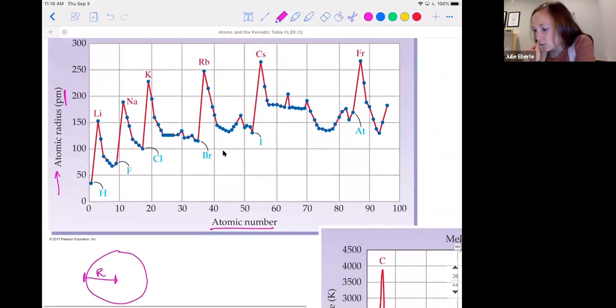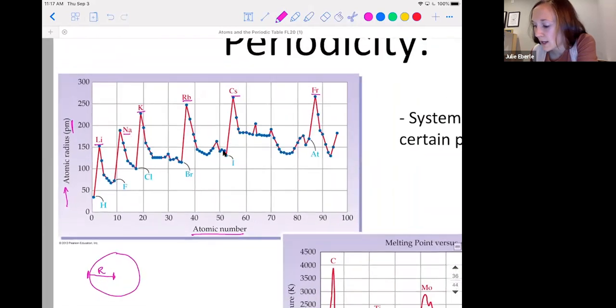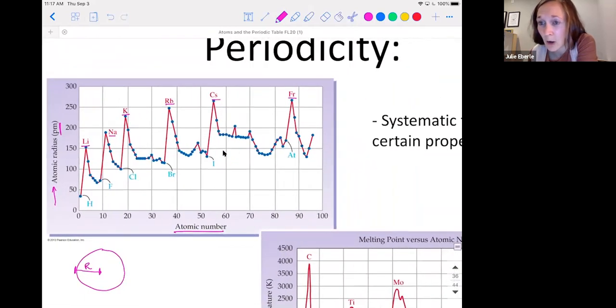Now, if we look at this, what do you notice? Here's what I notice, a periodic spike in the graph. Okay, now let's look at what elements are at the peak of each spike. We have lithium, sodium, potassium, rubidium, cesium, and francium. What is the similarity in all of these elements?